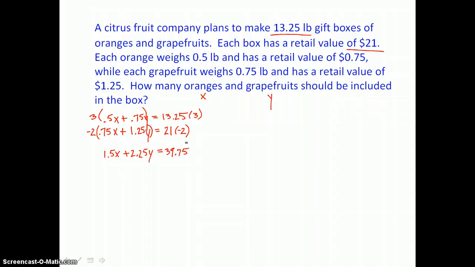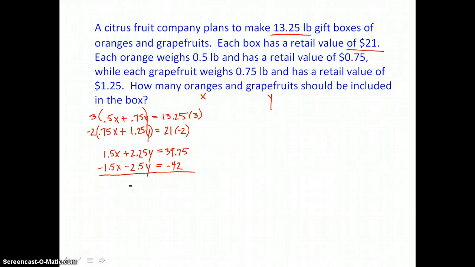Okay, distributing -2 through the second equation, -2 times 0.75x is -1.5x. And -2 times 1.25y is -2.5y. And on the right-hand side, -2 times 21 is -42. So now I'm ready to add my equations together to eliminate my x terms.